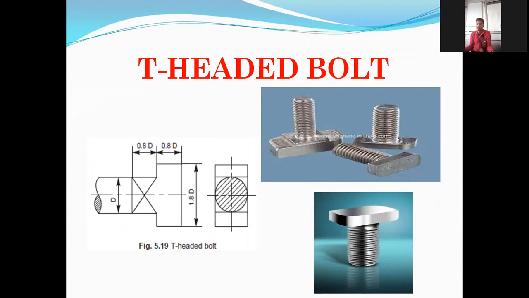Further, which is the next one? T-headed bolt. So why is it called a T-headed bolt? Because its head is something like T, but it is inverted. Inverted म्हणजे काय?